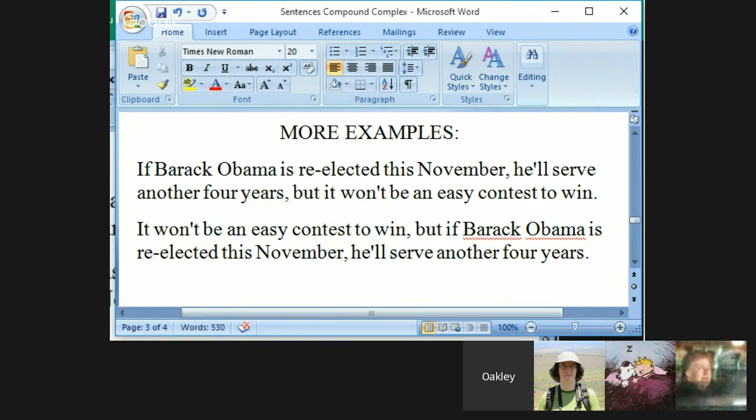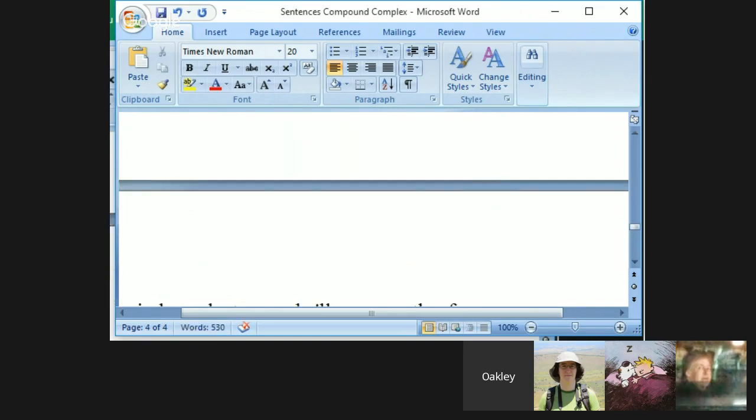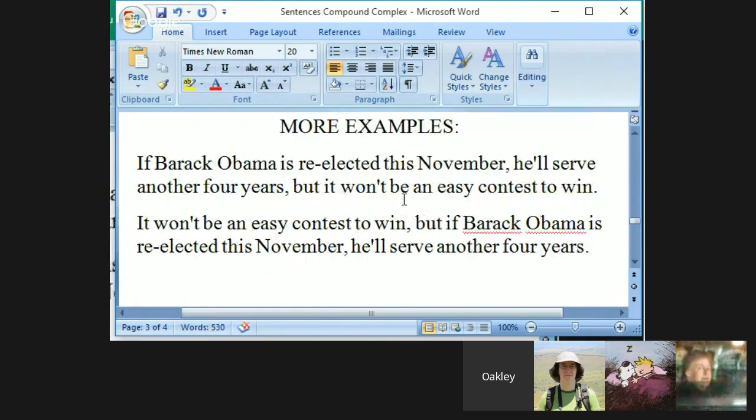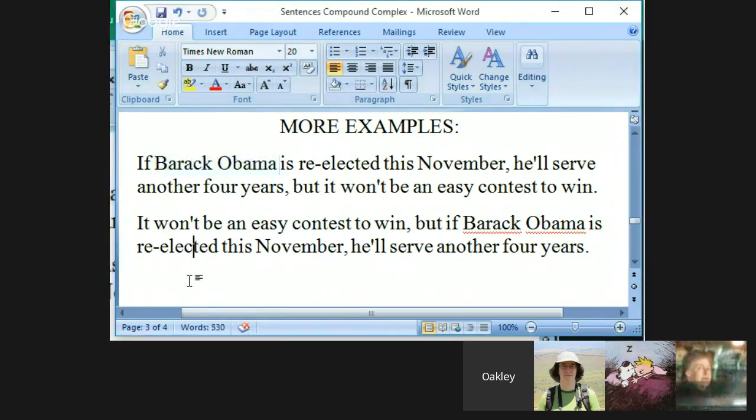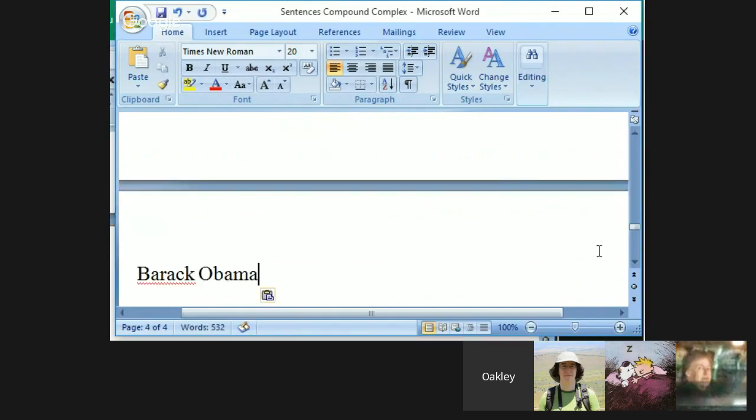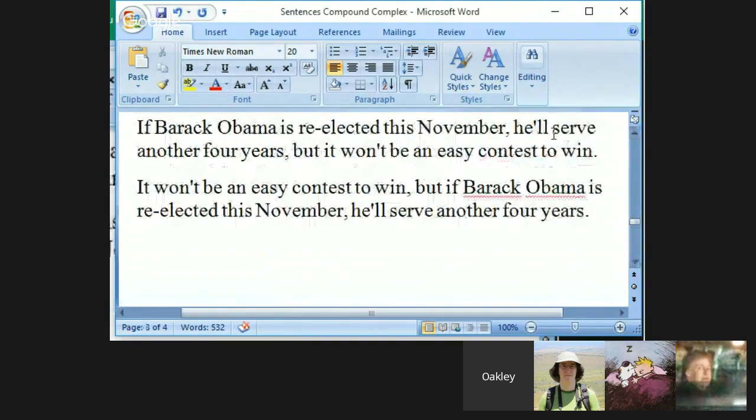Is there yet another way to do it? Yes. Barack Obama will serve another 4 years, if he is re-elected this November. Yeah, excellent. This is exactly the point I wanted you to see.